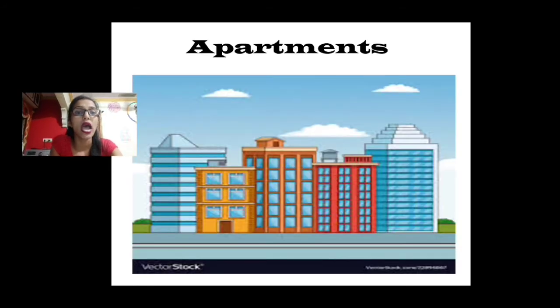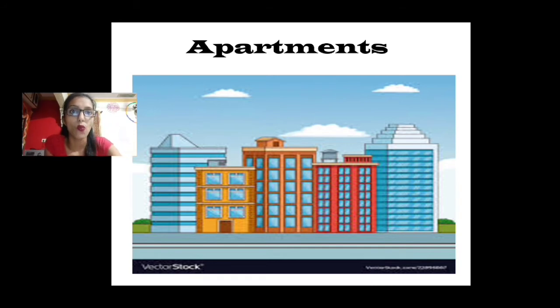As you can see, an apartment has many floors: 1, 2, 3, 4, 5, 6. In the same building, different families stay together. It is known as an apartment or building where different families stay at a single place.